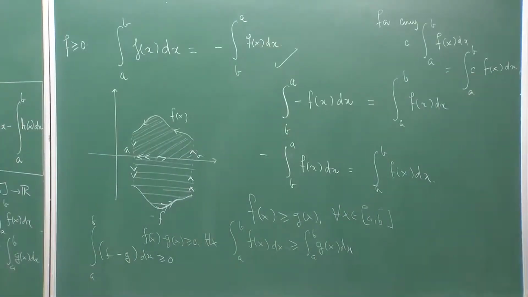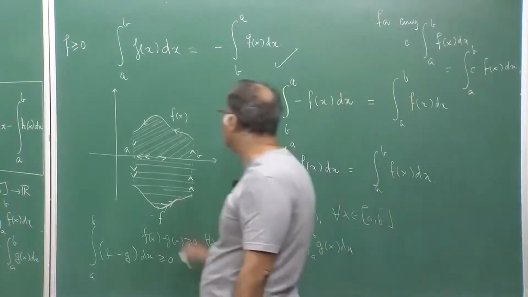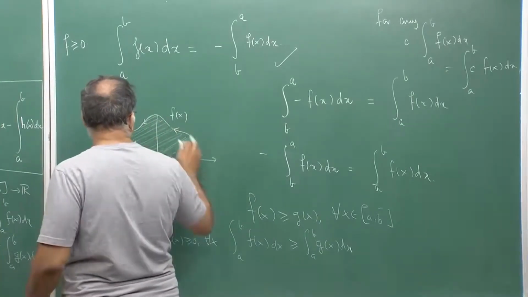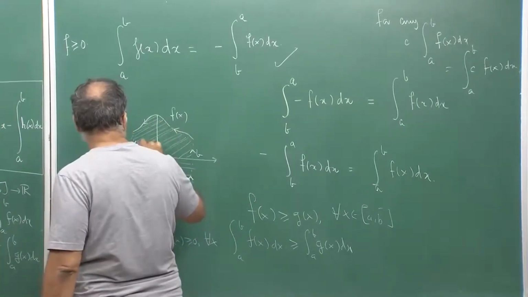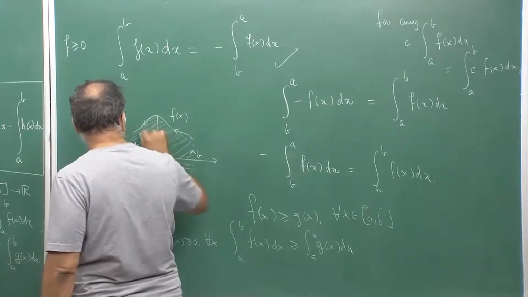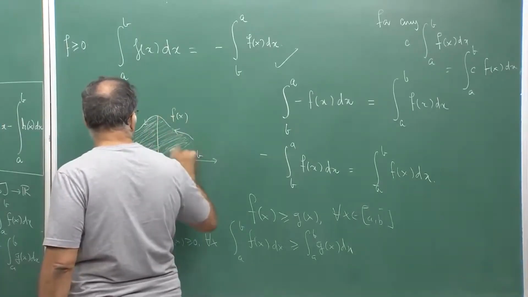There are several other formulas. I am not going to write all the formulas. If you take some number c in between, then I can first calculate the area from this to this and the area from this to this.